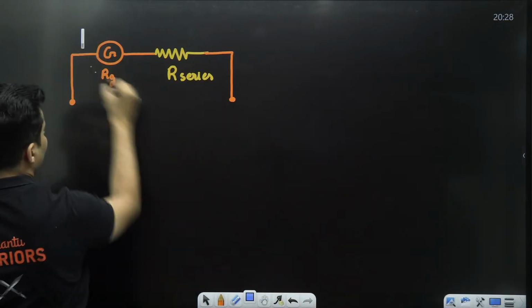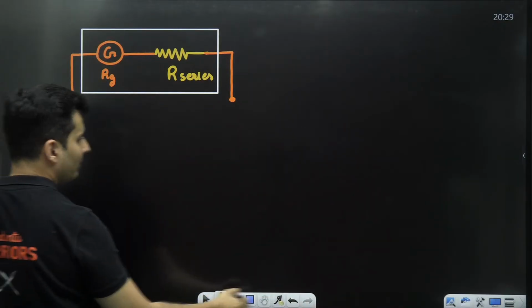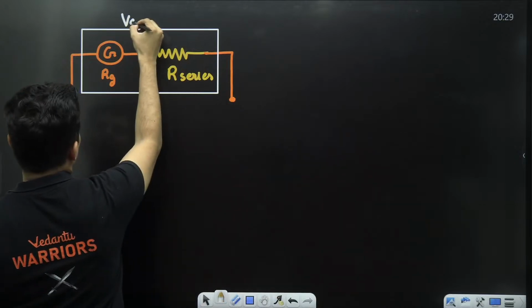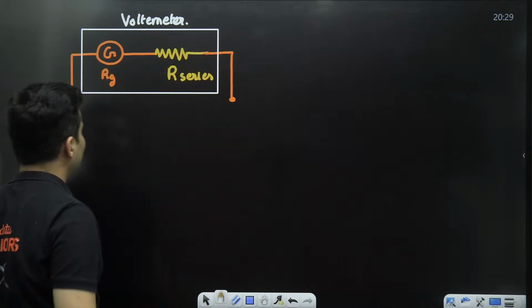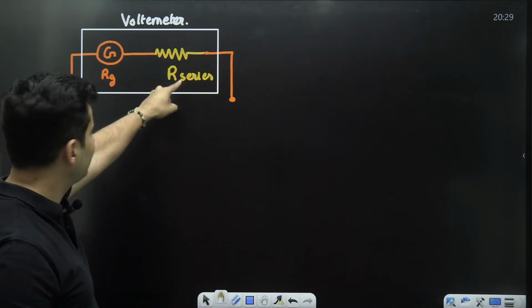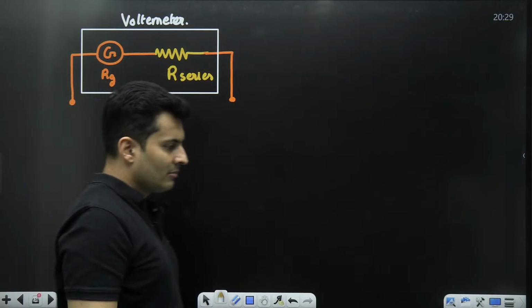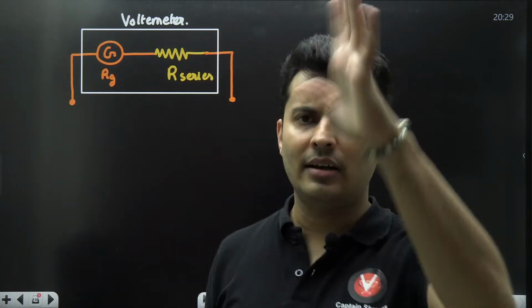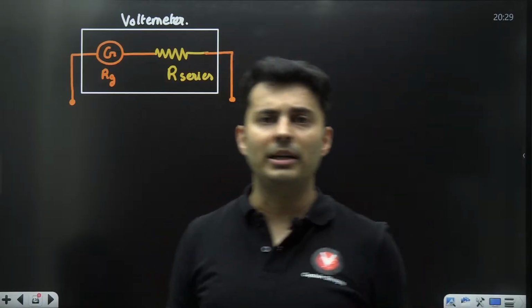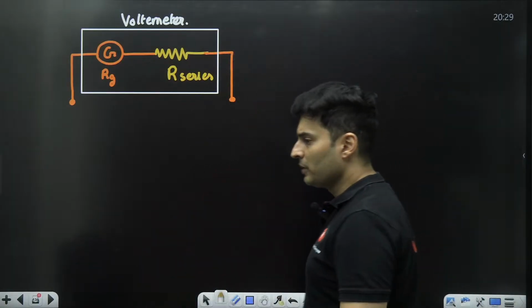That is exactly what a voltmeter is. So a voltmeter is not too different from a galvanometer. You just connect a resistor in series, that's it. If a galvanometer is available for 500 rupees, you buy a 5 rupees resistor, 505 rupees, that's it. It becomes a voltmeter. You cannot charge 1000 rupees for it.